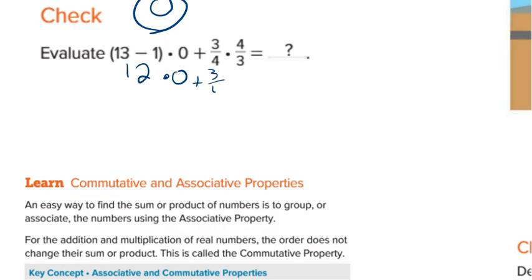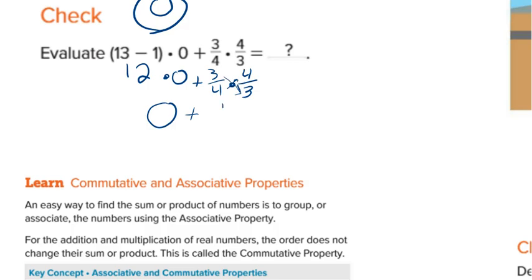So this next one also wants us to find, or to evaluate this, and it does have us use 0 as well. So first I would do 13 minus 1, which is 12. Then I have times 0 plus 3/4 times 4/3. So now we can do our multiplication left to right.